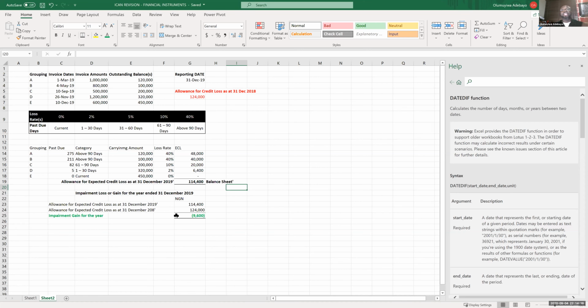Because I already have a balance from last year, my accounting entry to recognize this impairment gain is to debit my allowance for impairment account or provision for impairment, and credit my profit or loss, being the impairment gain. That's my entry. And with how much?